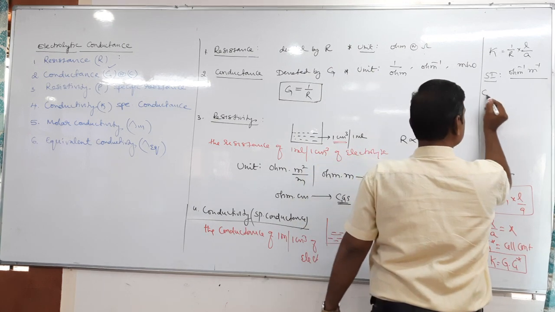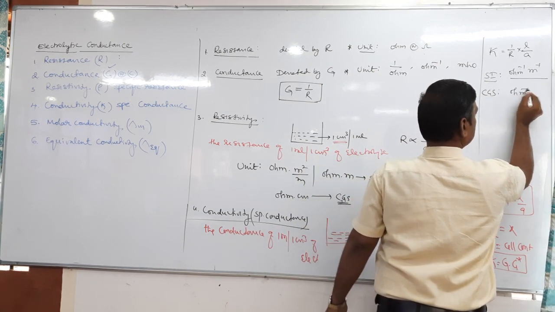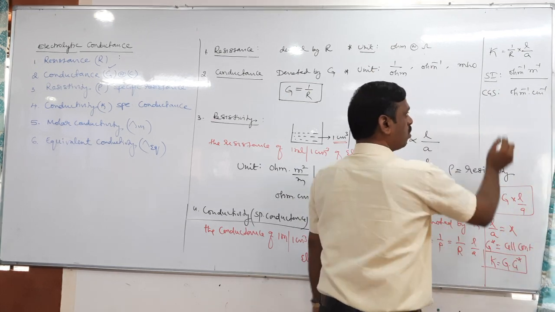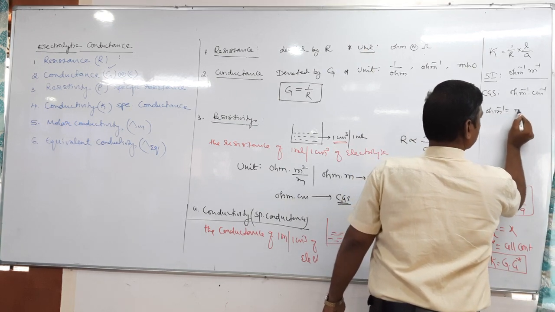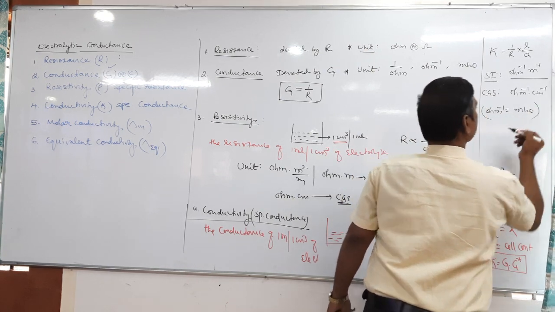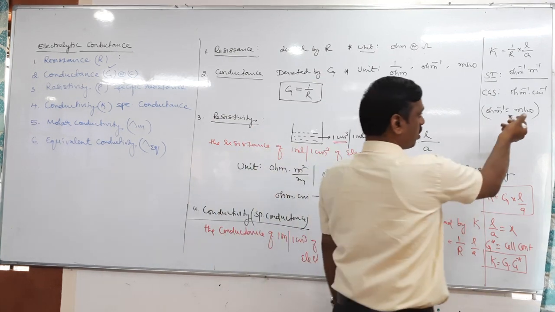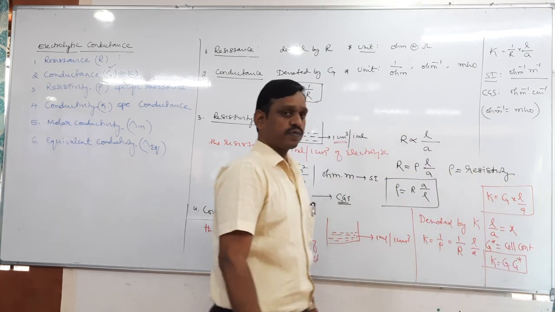Next, what is the CGS unit? It is ohm inverse into centimeter inverse. Ohm inverse is also equal to mho. So instead of ohm inverse, you can take mho into centimeter inverse.